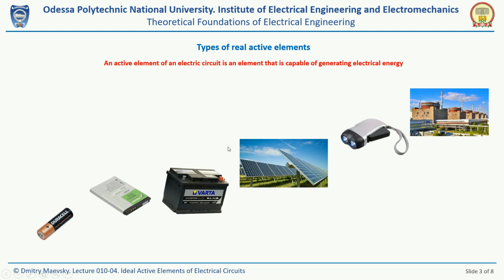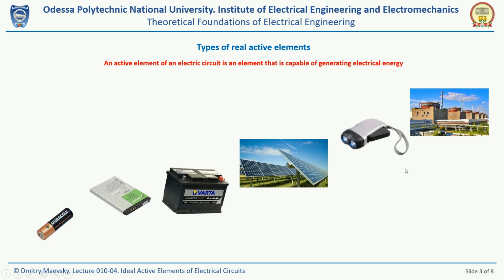In recent years, solar power plants have become very common. A solar power plant is an active element of an electrical circuit in which light energy is converted into electrical energy. The most widespread today are sources that convert mechanical energy to produce electrical energy.